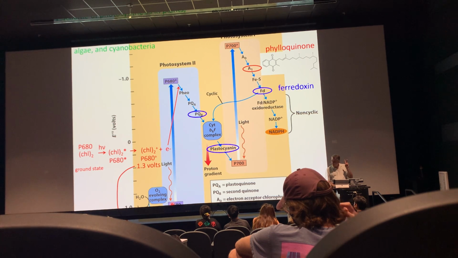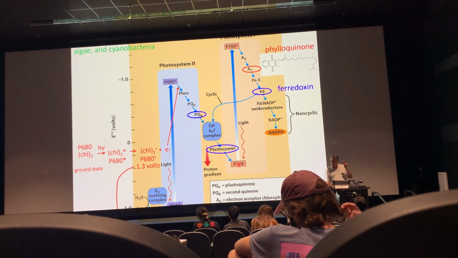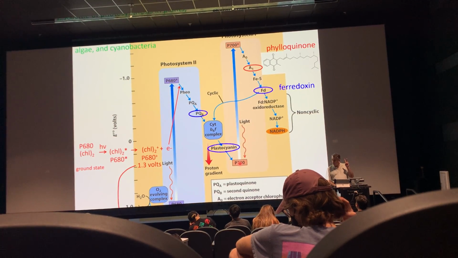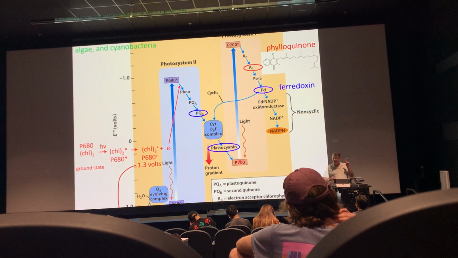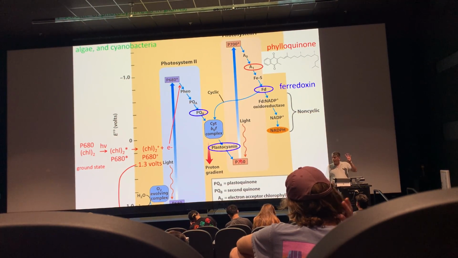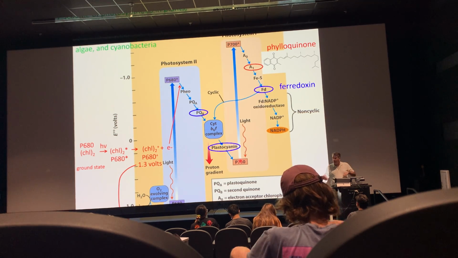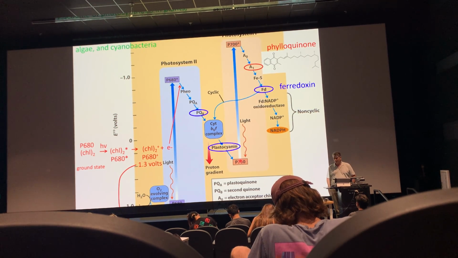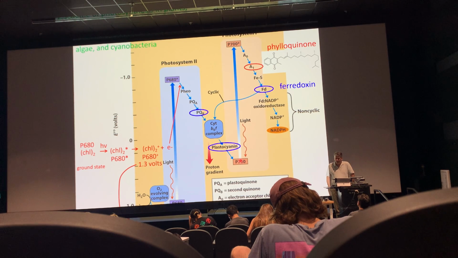So 1 photon over here bumps an electron up, comes down, and replaces this one over here. So right now it's taken me 2 photons of light to get 1 electron onto NADPH. So clearly you're going to have to double that, so you're going to need 4 photons of light to make 1 NADPH, which is a piece of cake if the sun is shining.